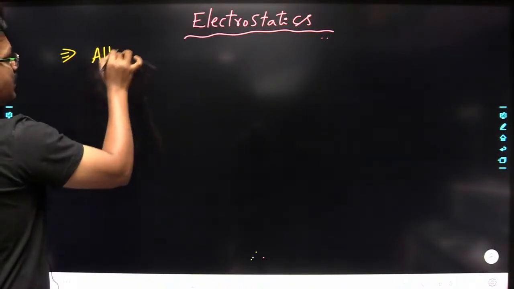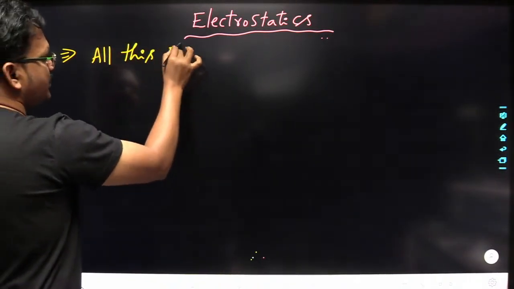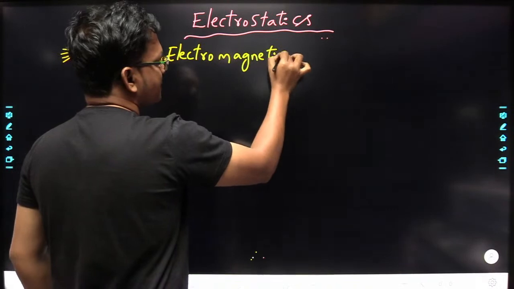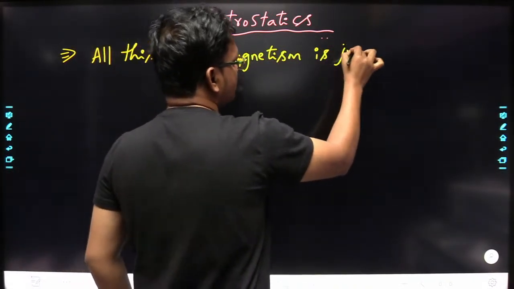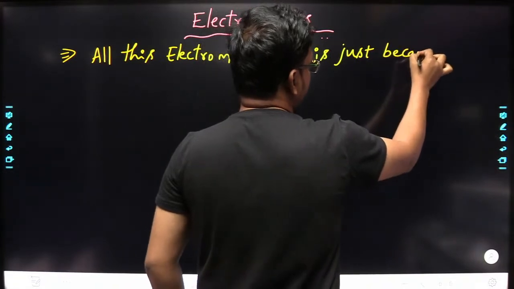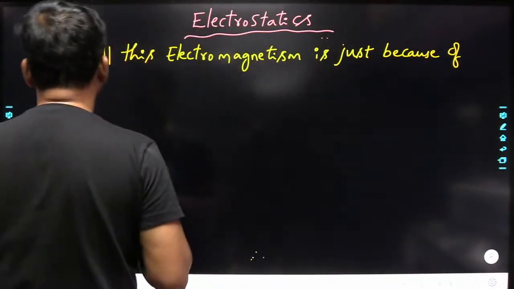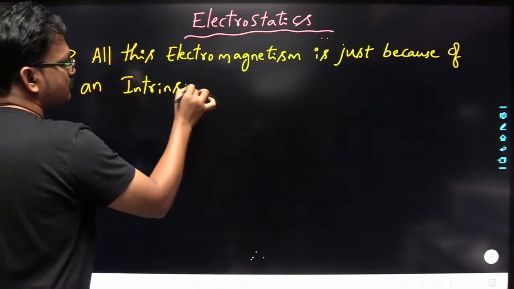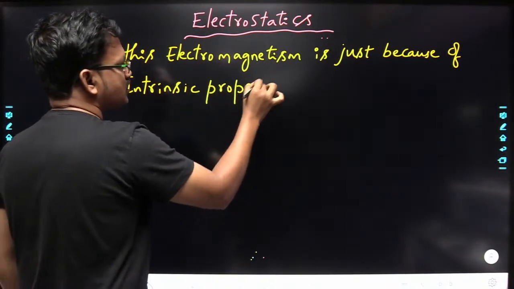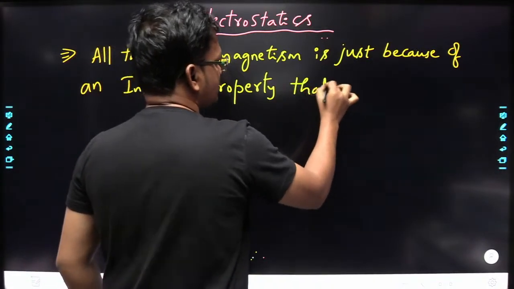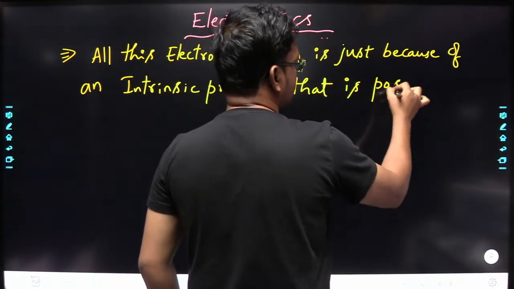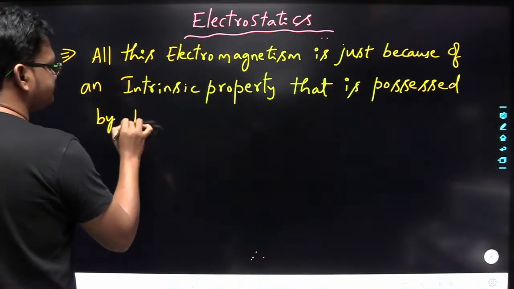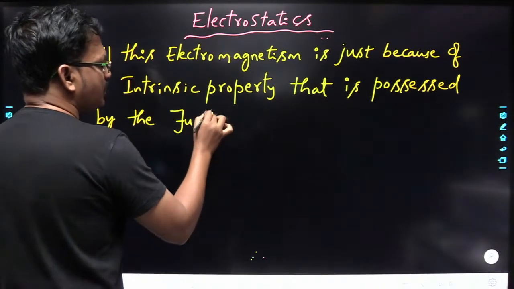See here, all this electromagnetism is just because of an intrinsic property that is possessed by the fundamental particles of an atom.